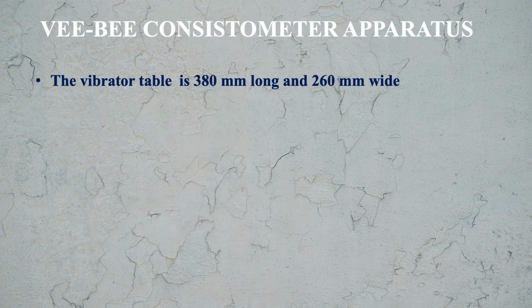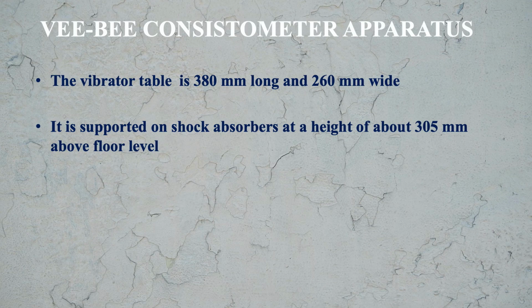The vibrator table that you saw has dimensions of length 380 mm and width 260 mm. So this is the size of the vibrator table. This table, as you saw in the picture, is supported on shock absorbers at a height of about 305 mm above the floor level.